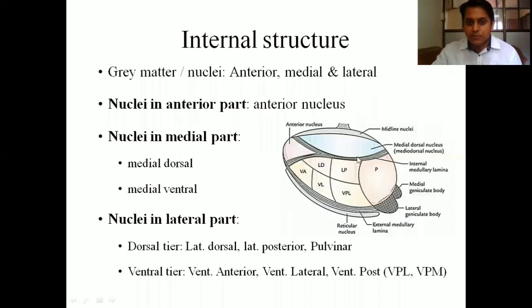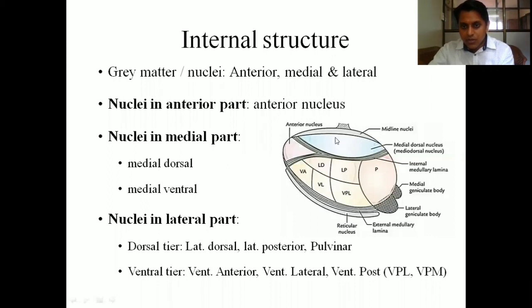The nucleus present along the medial part here is further divided. They have a dorsal surface and a ventral surface, so they are divided as medial dorsal and medial ventral. The medial ventral cannot be seen from here as it is viewed from above, so you see the medial dorsal above here.